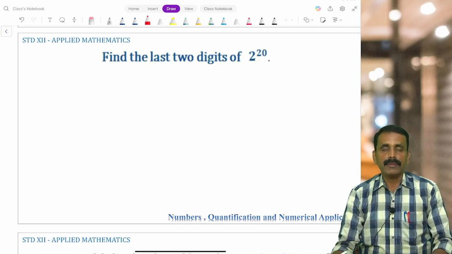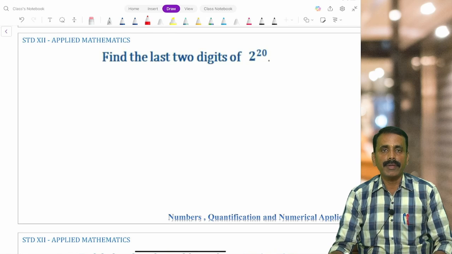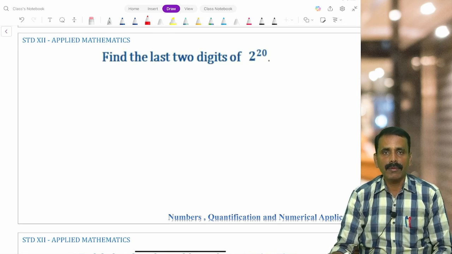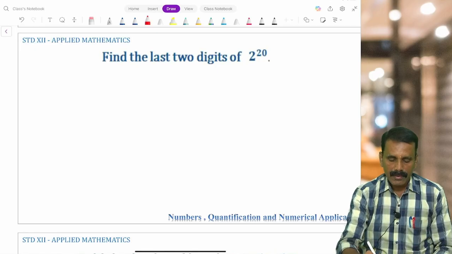Our next problem: we are going to find the last two digits of 2 power 20. For this we are going to use these properties.